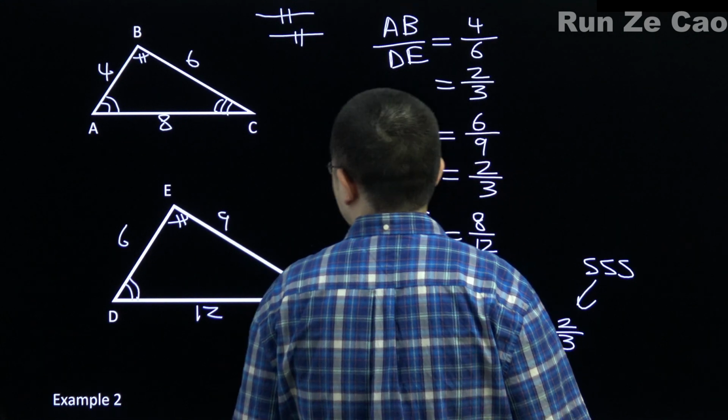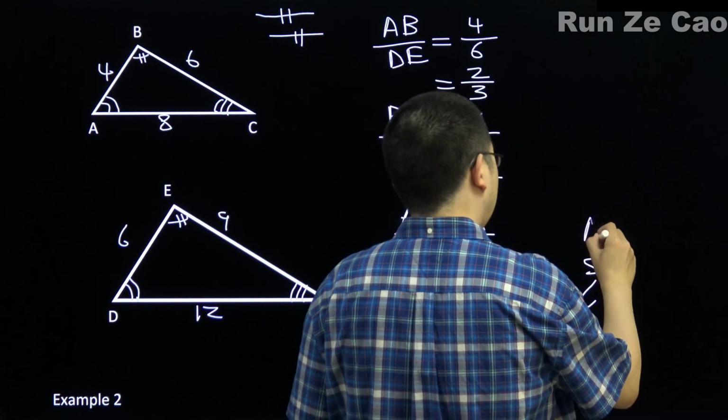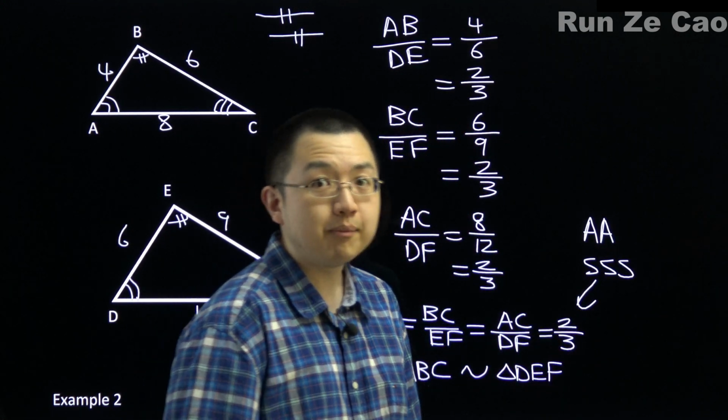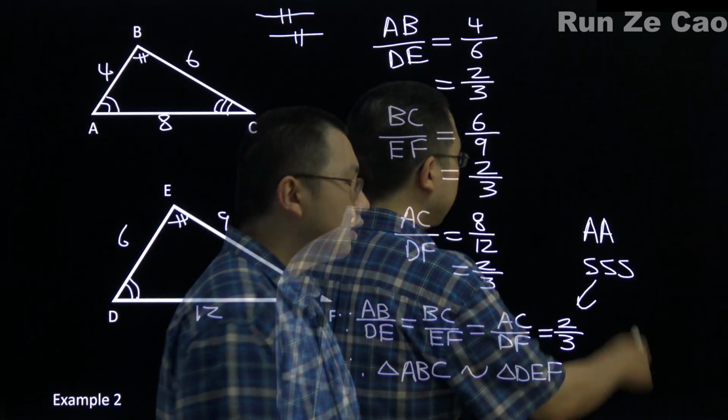So, for triangles, you have angle. Technically it's all three angles, but you only need to know two of them because the third one you can subtract.